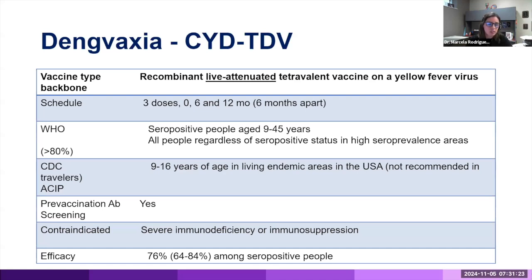For this particular vaccine, patients need to have a pre-vaccination antibody screening. They should be positive before we give the vaccine. This vaccine is contraindicated in people with severe immunodeficiencies or immunosuppression, and efficacy ranges between 65 and 84% among seropositive people.